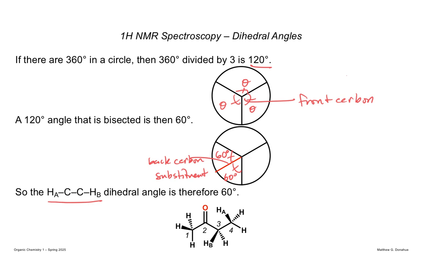So 1, 2, 3. We divide that 360 by 3, that's 120. And then if we're looking at this angle H, carbon H, that was 120. Now if we look at this blue hydrogen on the back, down the Newman projection, that's bisecting that 120. So the dihedral angle from this hydrogen to this hydrogen, so H, C, C, H, that's 60 degrees.